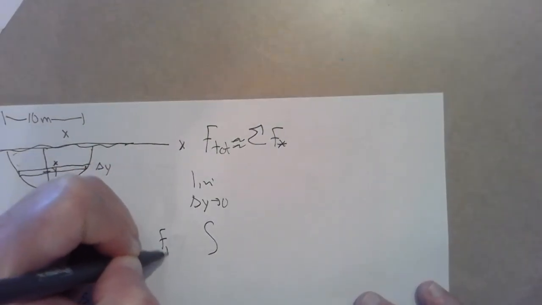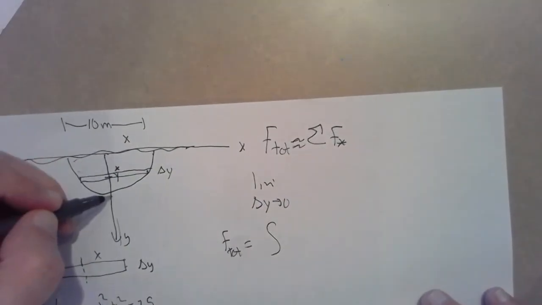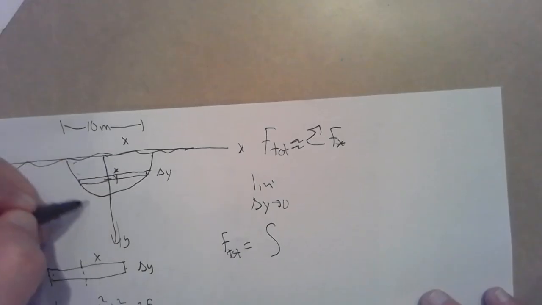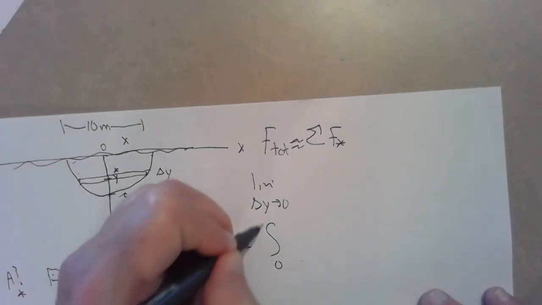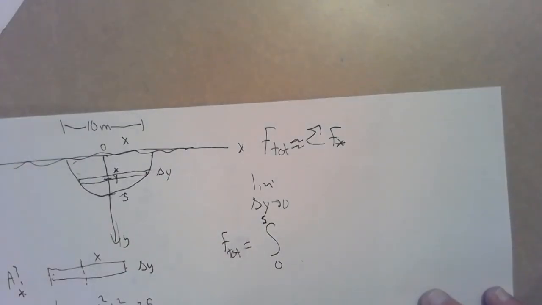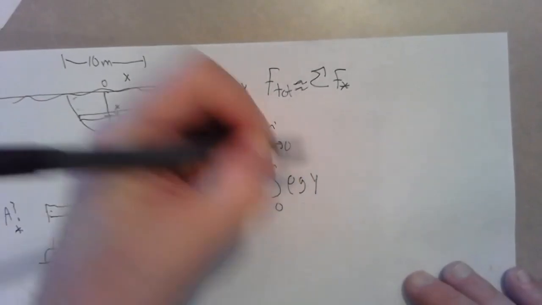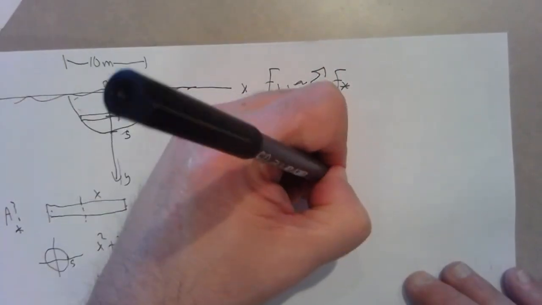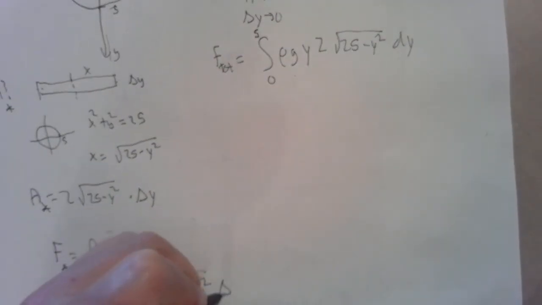The total force is actually equal to the integral from smallest to largest y. This is a circle of radius 5, so this is y equals 0, and down here is y equals 5. Of rho g y times square root of 25 minus y squared dy. We should back down here. I left off my delta y on my area. This was the area right here.